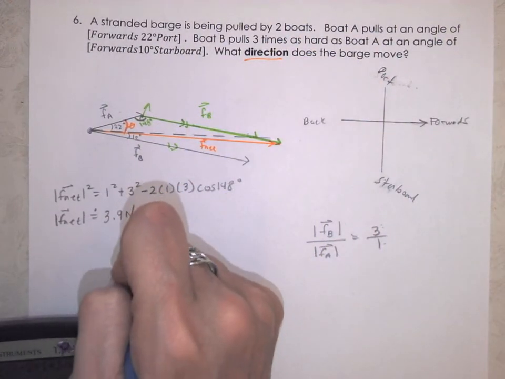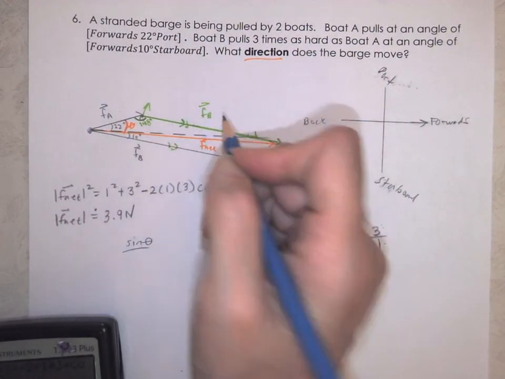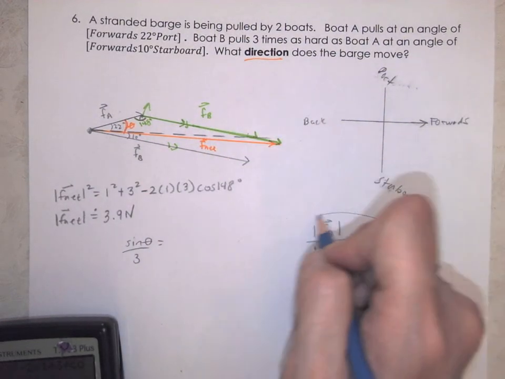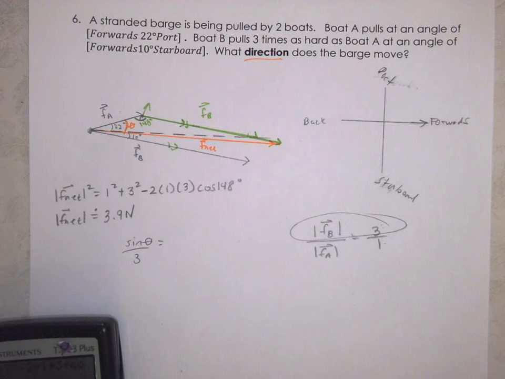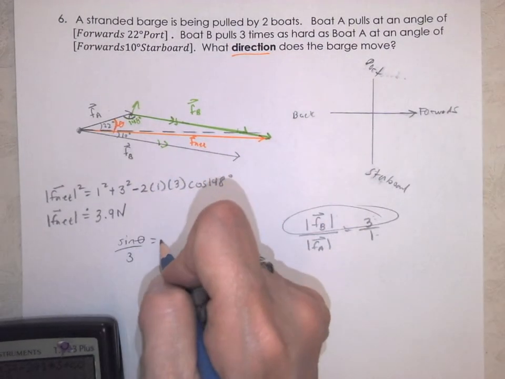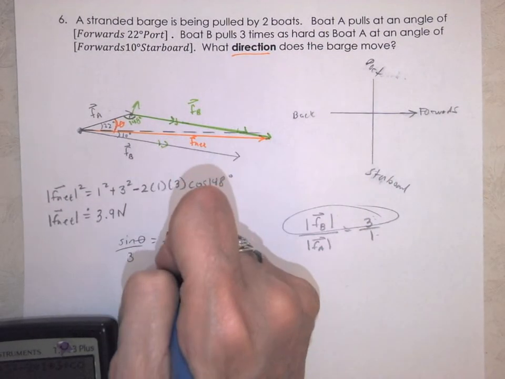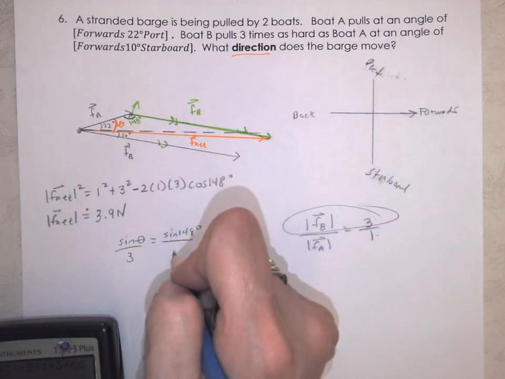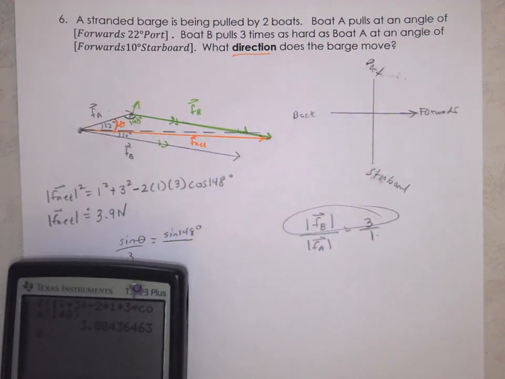So sine theta over 3, because that's the magnitude of F_B, is equal to sine 148 degrees over F net, which we can keep more decimal places to be more accurate here, 3.884.